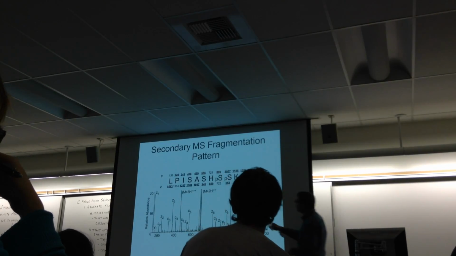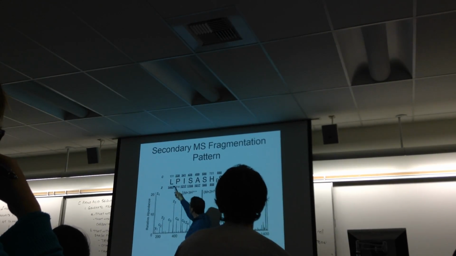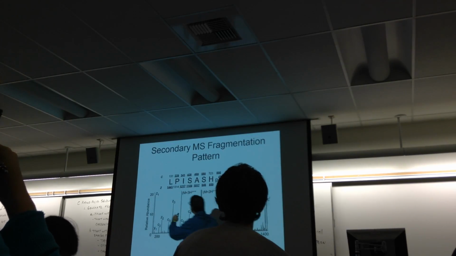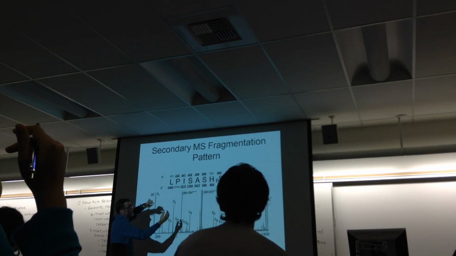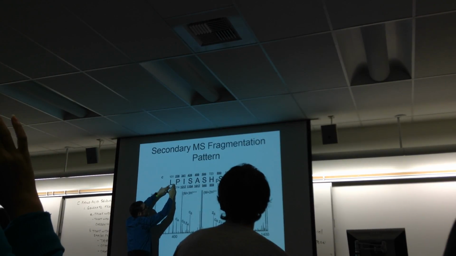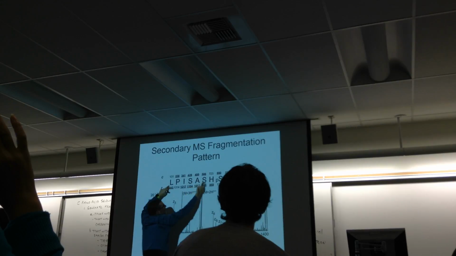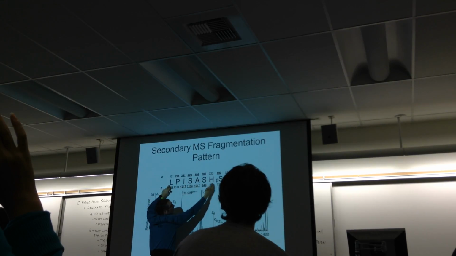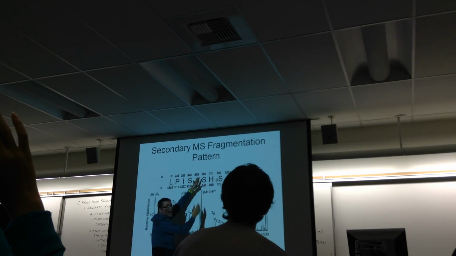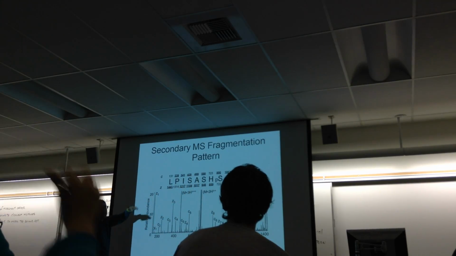So say we have this particular sequence here. What happens is, during that second fragmentation, it'll cleave to the C-terminus of here, generate a whole series of fragments, and then it'll cleave on the N-terminus here, generate another set of fragments.